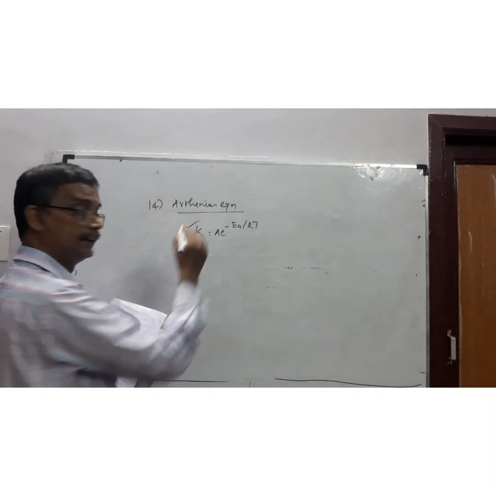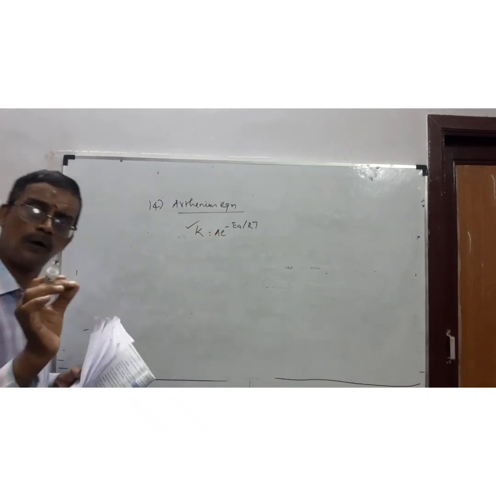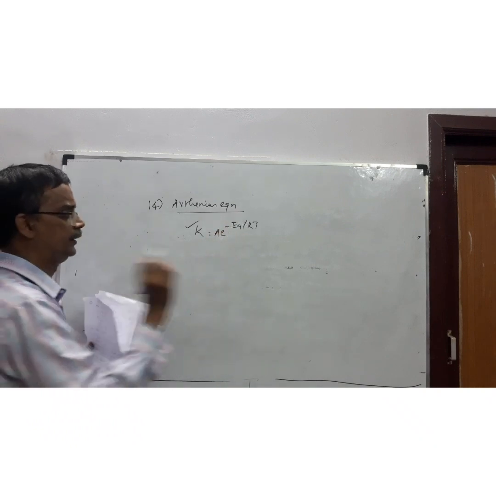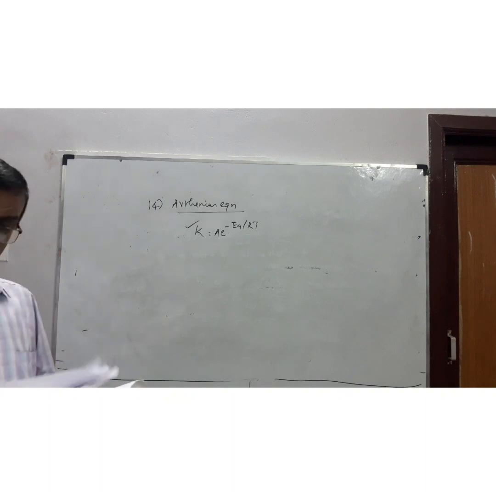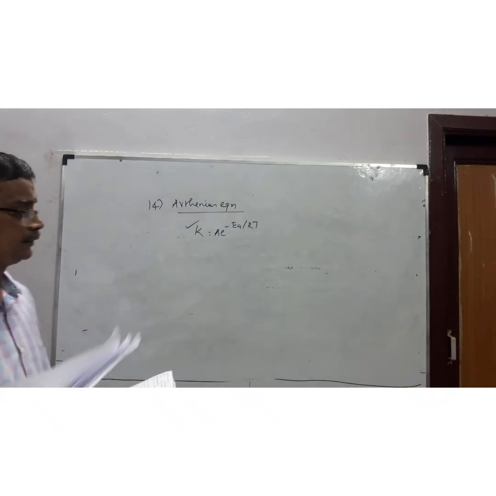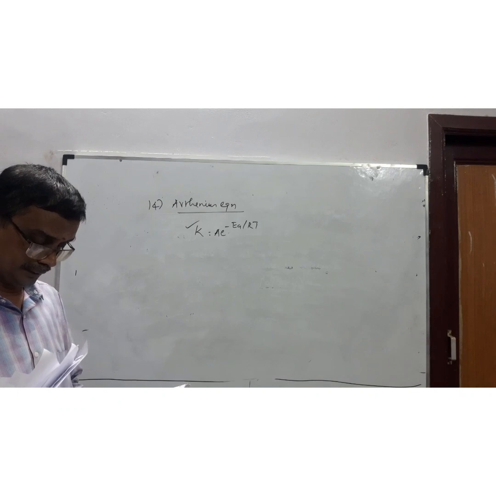So k is the rate constant, A is the frequency factor, Ea is the activation energy, R is the gas constant, T is the temperature. Okay, review: k rate constant, A frequency factor, Ea activation energy, R gas constant, T temperature.